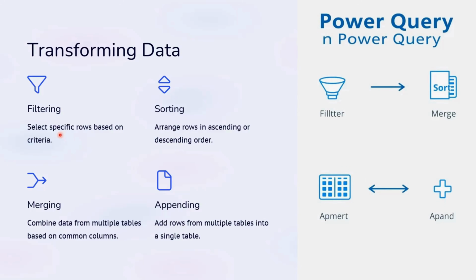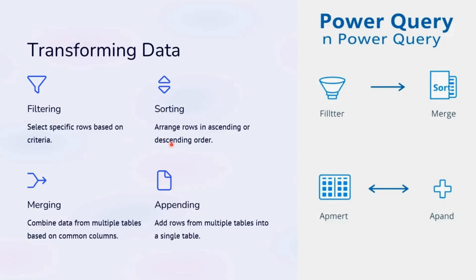So I'm talking about a large data set. If you pull that up in Excel, I don't know, but I might think that Excel might crash. So Power Query has you covered. It can handle a large data set without any challenge. And you can filter your data set specifically to the rows based on the criteria. Now, this is helpful to narrow down the large data set to just the information you need.